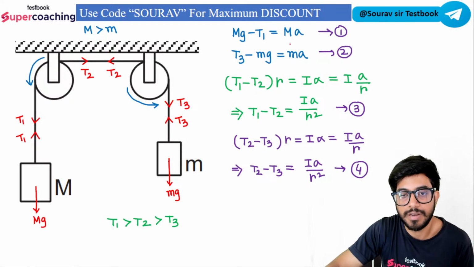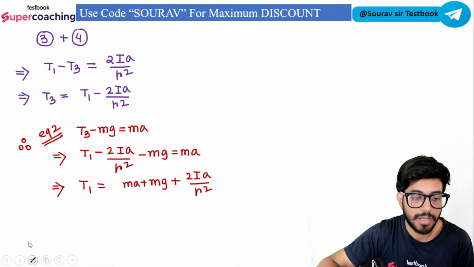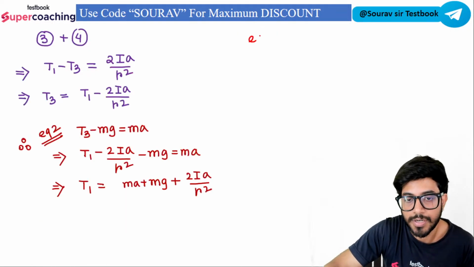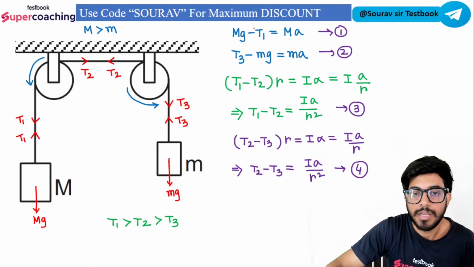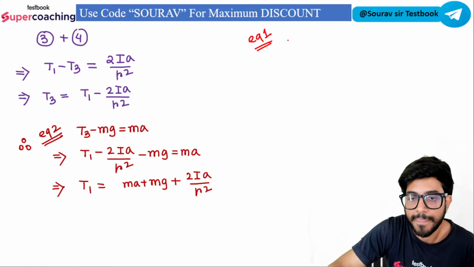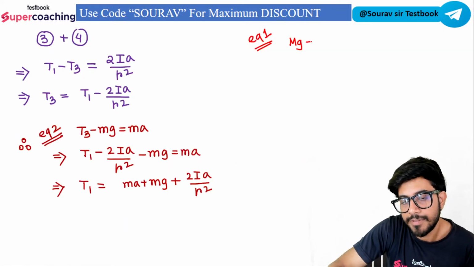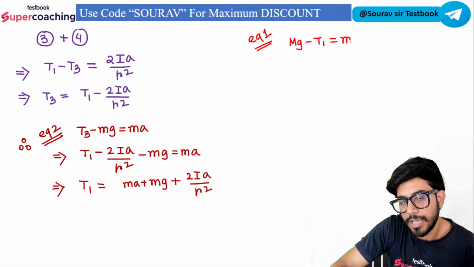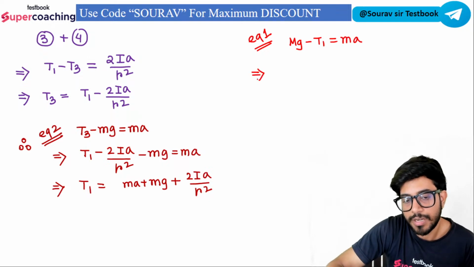Just put the value of T1 in equation 1. Now you know equation 1 says mg minus T1 is equal to ma. Just put the value of T1 from here to here.